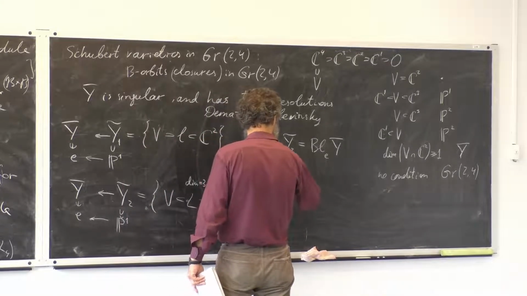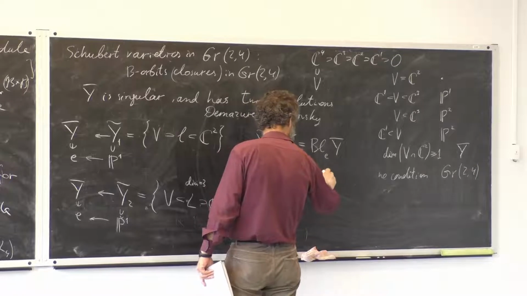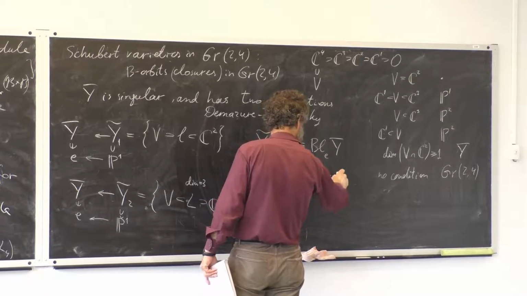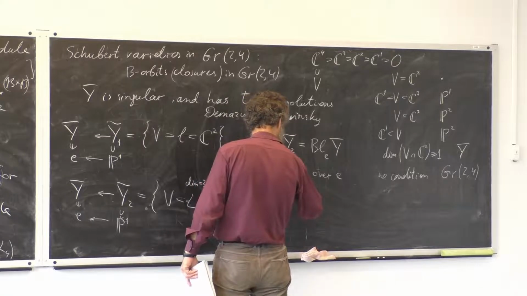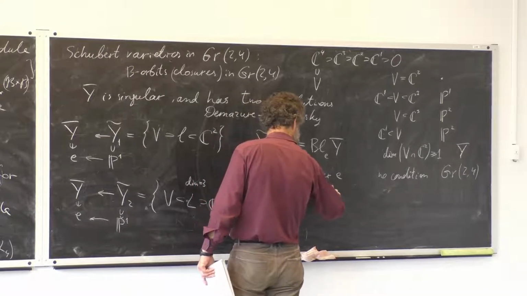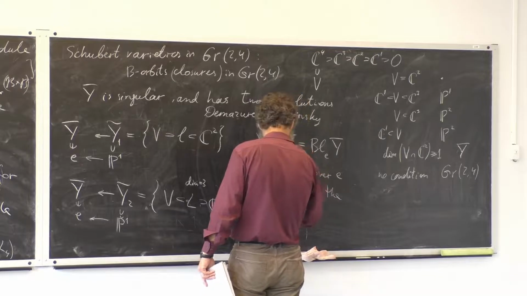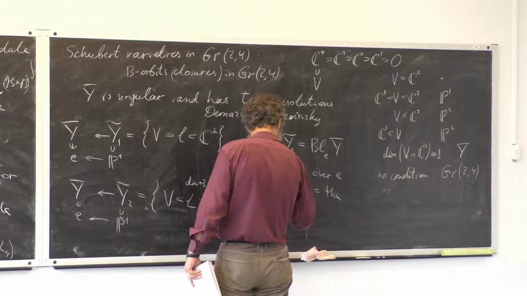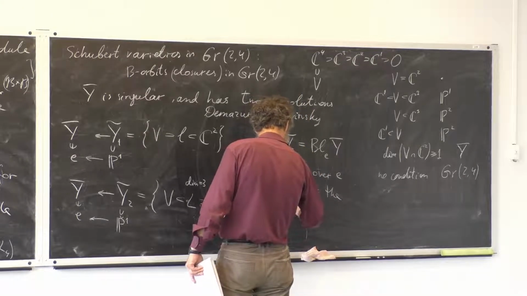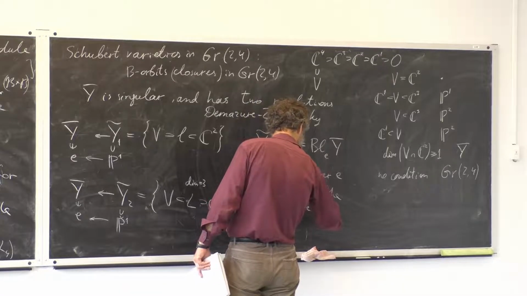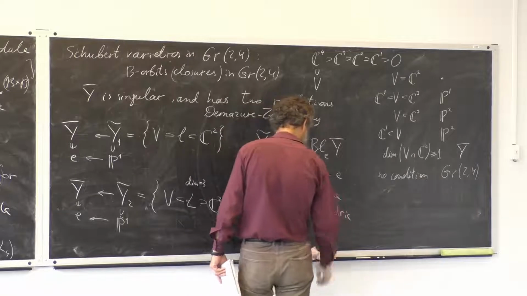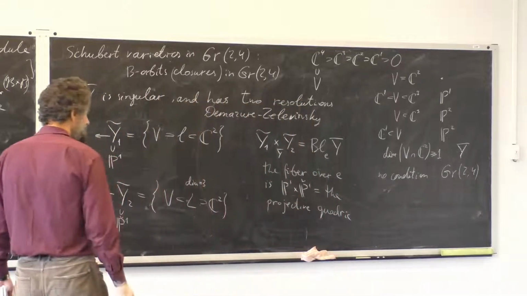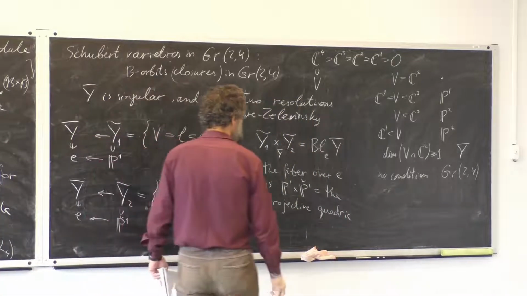The fiber over E is P1 times P1, dual is the projectivization of singular three-dimensional quadric. Okay.